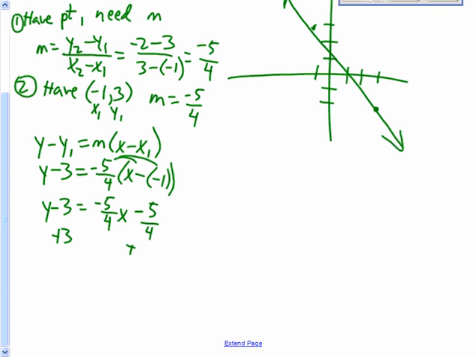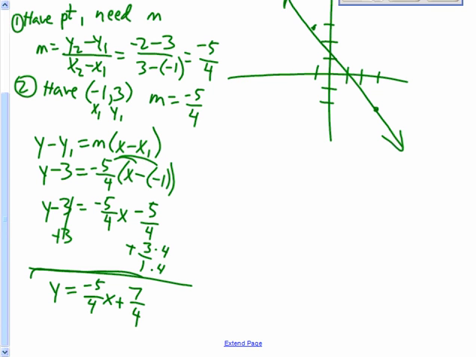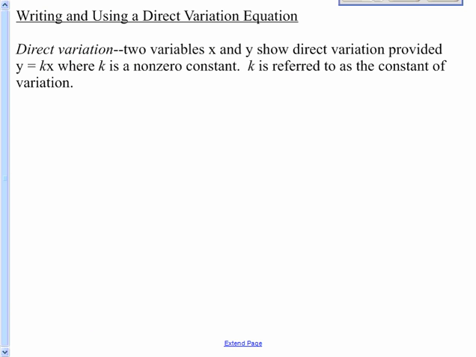Of course, that's 3 over 1, so we want to get a common denominator of 4. So y equals negative 5 fourths x, and that's negative 5 fourths plus 12 fourths, or 7 fourths. So that's negative 5 fourths x plus 7 fourths there. Okay, that's how you find an equation given 2 points.